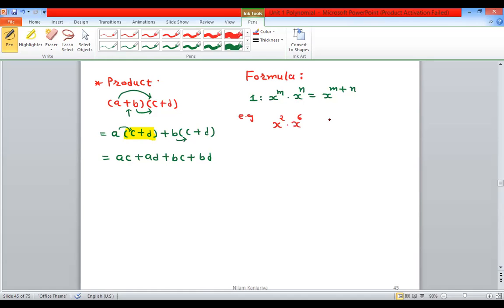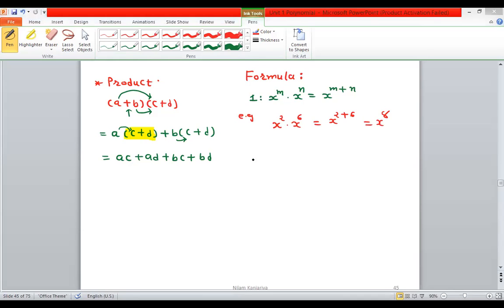So it gives you x raised to 2 plus 6, that is x raised to 8. These formulas are very important to you.